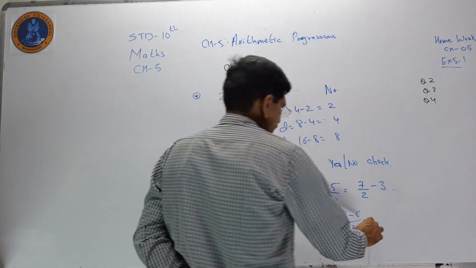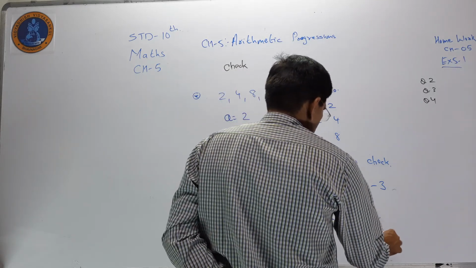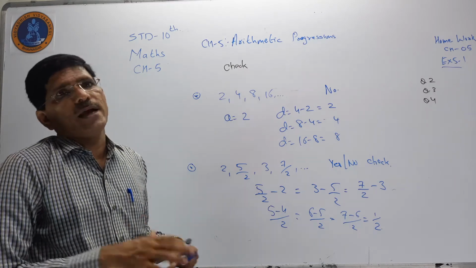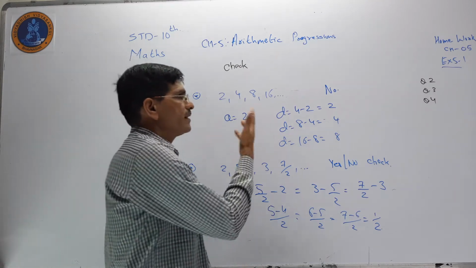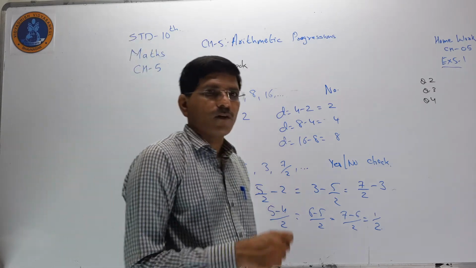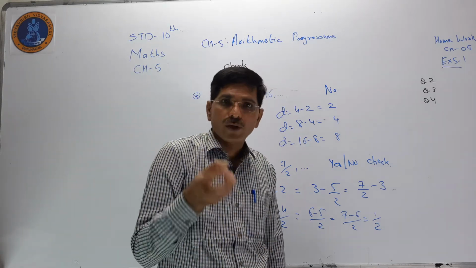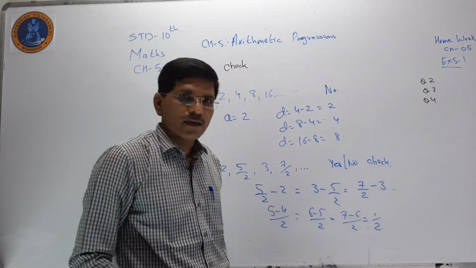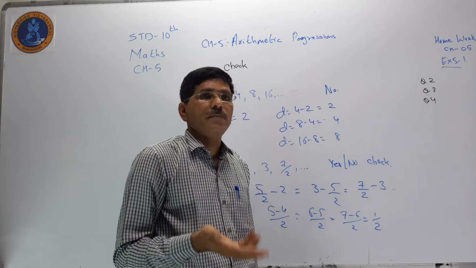If you see properly, the difference is 1 by 2. When the difference of 1 by 2 is the same every time, then we can say it is an arithmetic progression. Because by the definition of arithmetic progression, we know that A is the initial term and difference D means a fixed number is added every time.